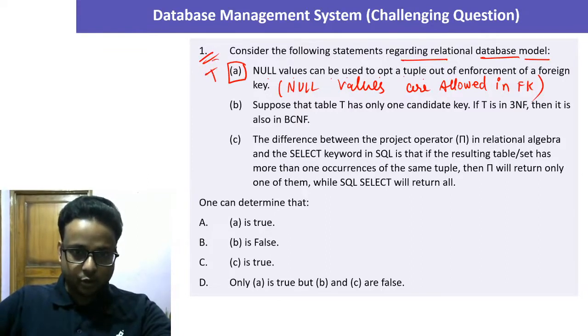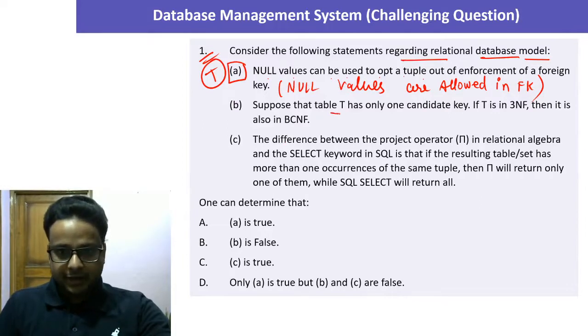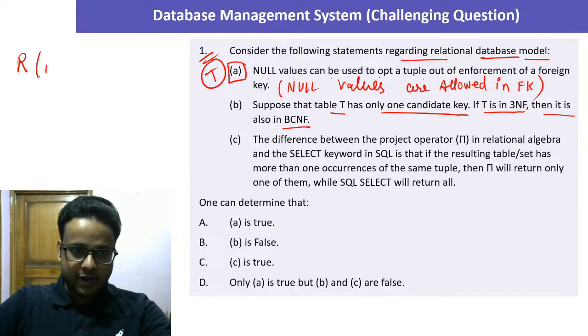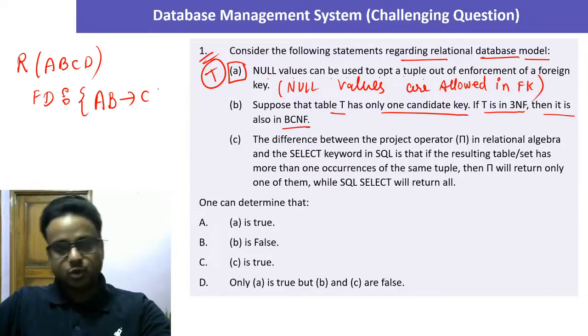So it is true. Second one: suppose the table T has only one candidate key, and if it is in 3NF, then it will also be in BCNF. Here, suppose we have R(A, B, C, D) and some functional dependency, AB goes to CD.